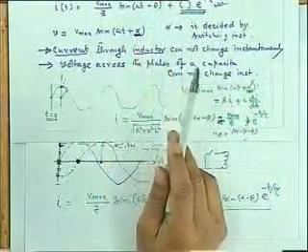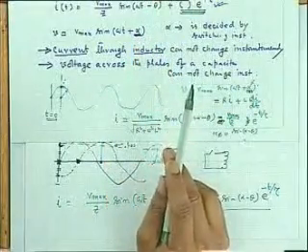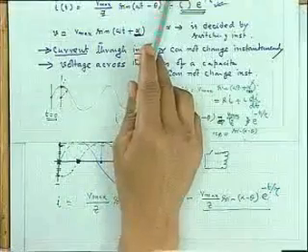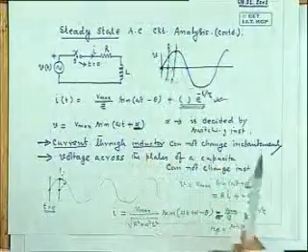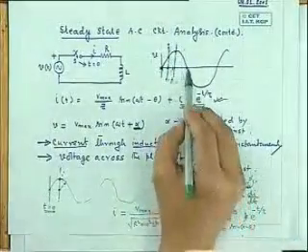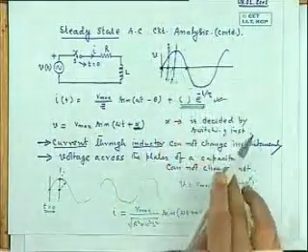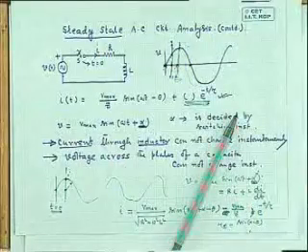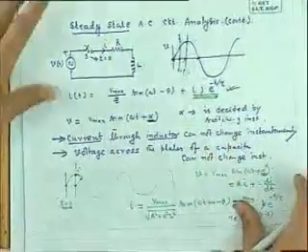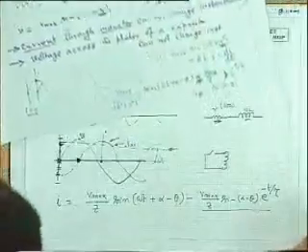Let us assume I have closed the switch at the time when voltage is 0 going to positive, or alpha will be equal to 90 degree if you have closed the switch at this instant. If you have closed the switch at this instant, I will say alpha equal to pi and so on. Clear? So, this way we will be doing.